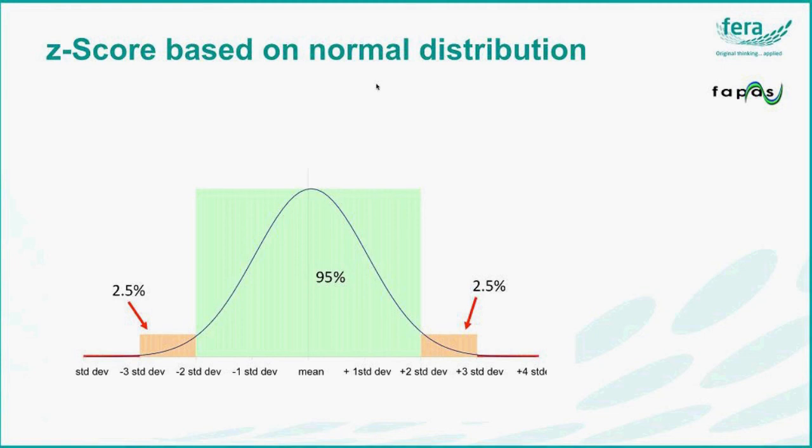Therefore, that should be an action limit to investigate what has gone wrong. A z-score between 2 and 3 might indicate a problem, or it might simply be that 1 in 20 chance that everything is working okay, and it just happens to fall at the edge of the normal distribution. The distribution is a curve, not a step change. So this is an important concept.